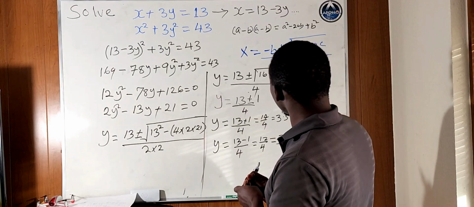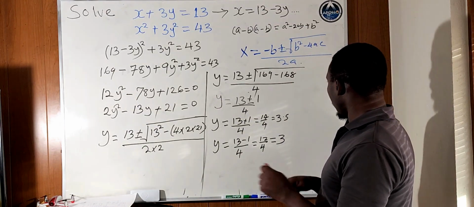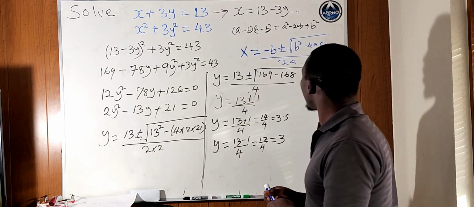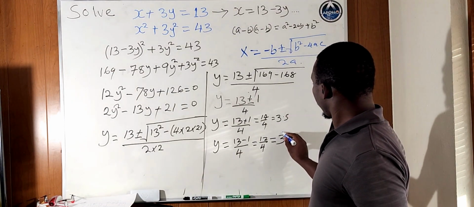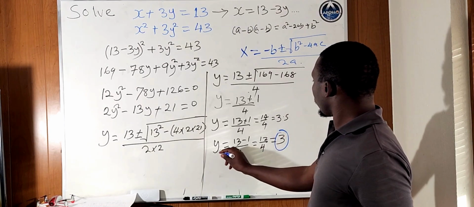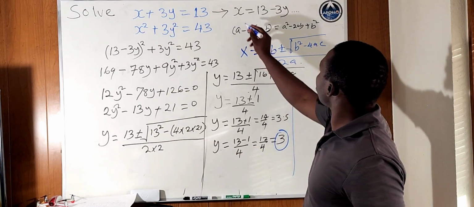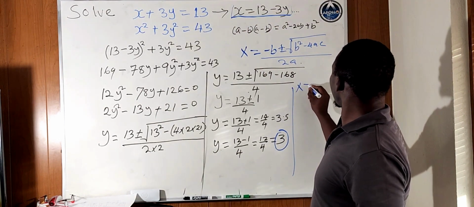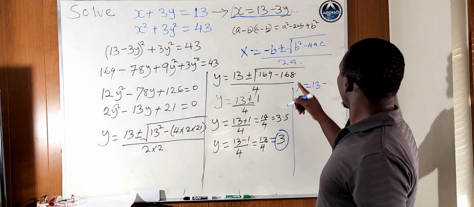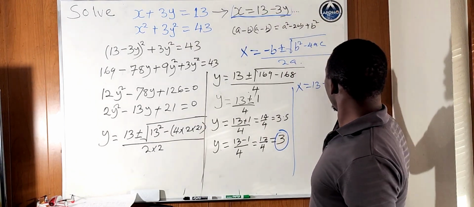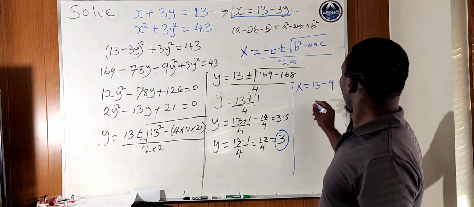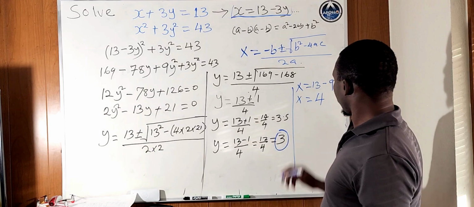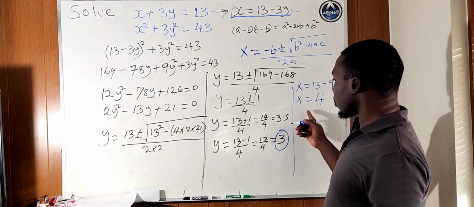Then let's now solve for x above there. If we take the value of y to be 3, substituting up here, x will be equal to 13 minus 3 times 3, which is 9, so x will be equal to 4. That's for the first solution.